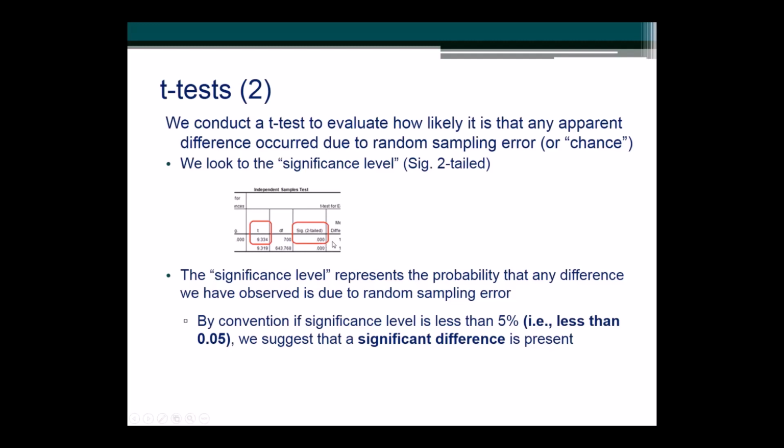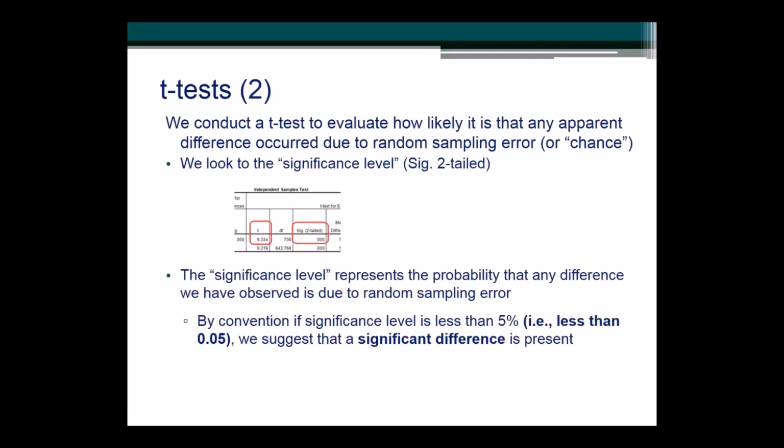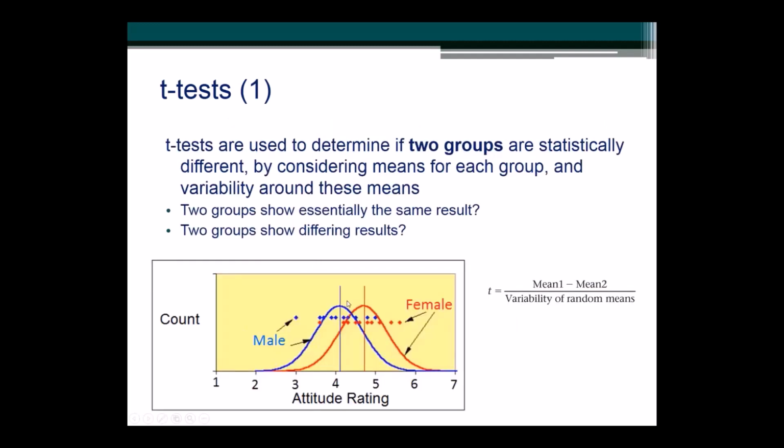This is actually a very small probability, and you can read that as the likelihood that the difference of the size we observe back here is just due to random sampling error. So if that significance level is small, what we're saying is that there's only a very small likelihood that the difference back here occurred due to random sampling error. It's probably a true difference.